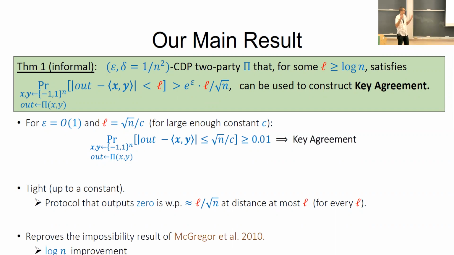To understand why it gives us that, suppose that we have an information theoretic protocol with this kind of accuracy. Then using our theorem, we can construct for it an information theoretic key agreement. But the latter does not exist, and so we conclude that such a protocol does not exist either.